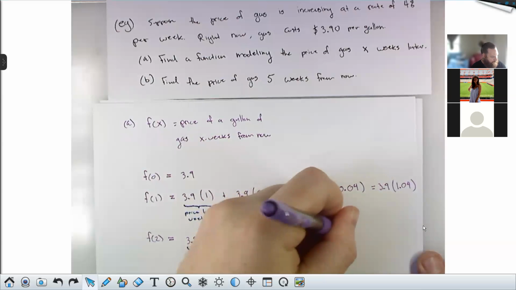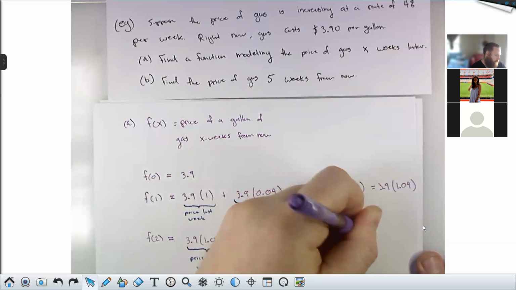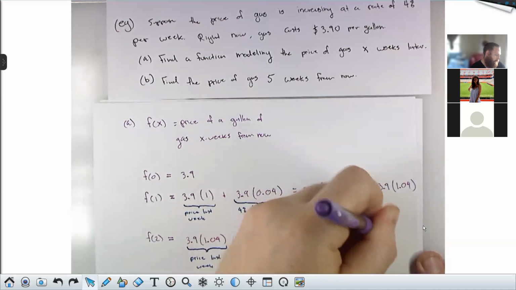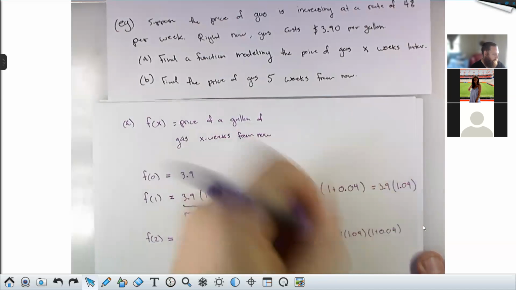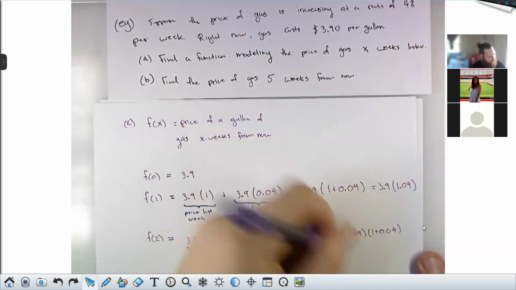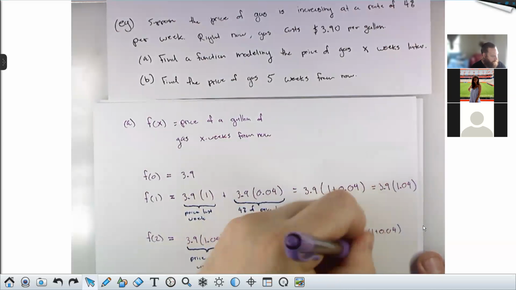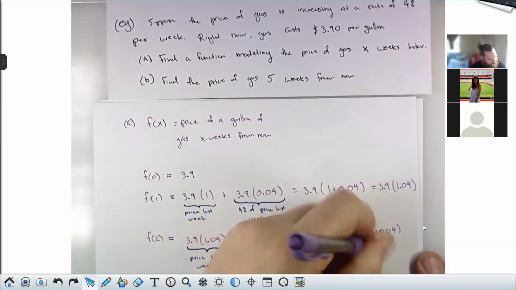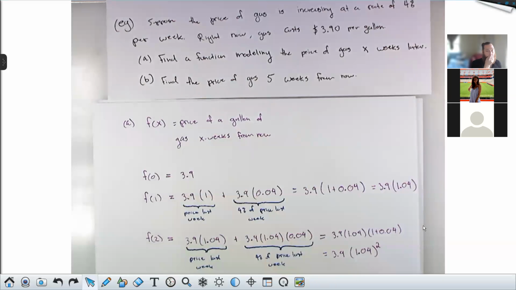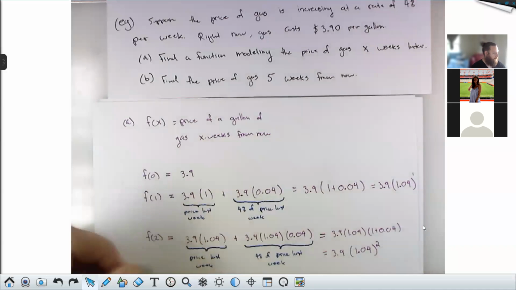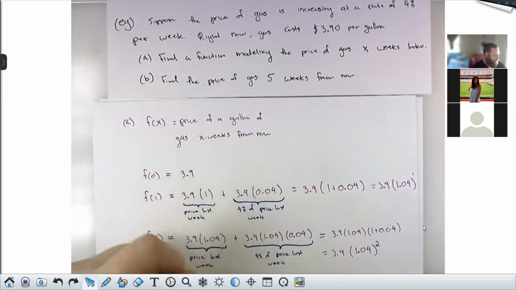This is 3.9 times 1.04 times (1 plus 0.04), which is 3.9 times 1.04 times 1.04, or 1.04 squared. And in this way, just repeating this, what you'll see is that x weeks later, we would have 3.9 times 1.04.